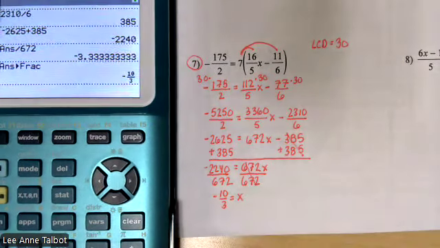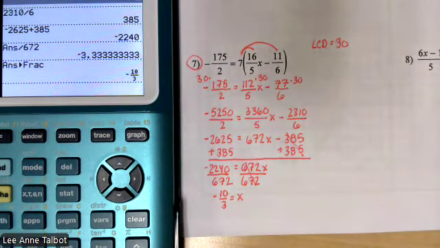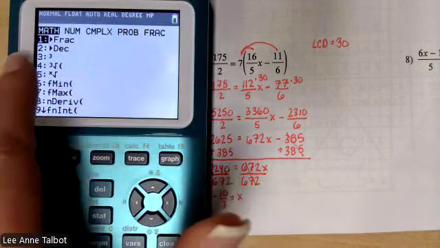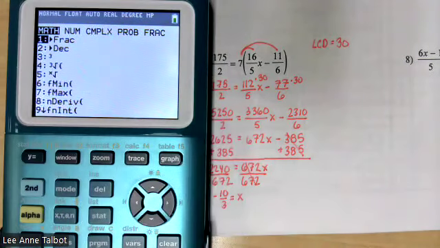So your calculators, all of them, in some way, shape, or form, have the ability to take a decimal and turn it into a fraction. On my calculator, I just have to hit the math menu, and then right here, it says turn it into a fraction. So if you hit the math button, the very first thing will take whatever decimal you have and turn it into a fraction.